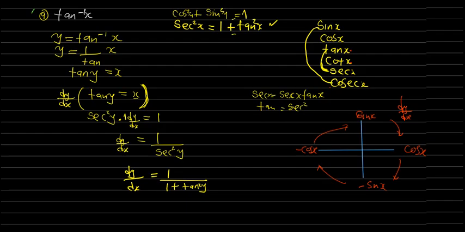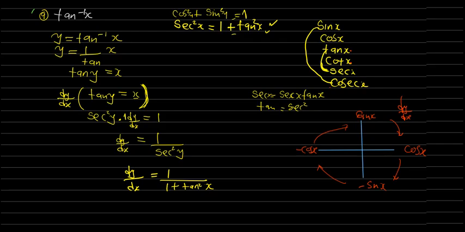Okay, I mean x. That will be x from our identity there. So tan x, or let me just put y. I was supposed to use the y identity here.